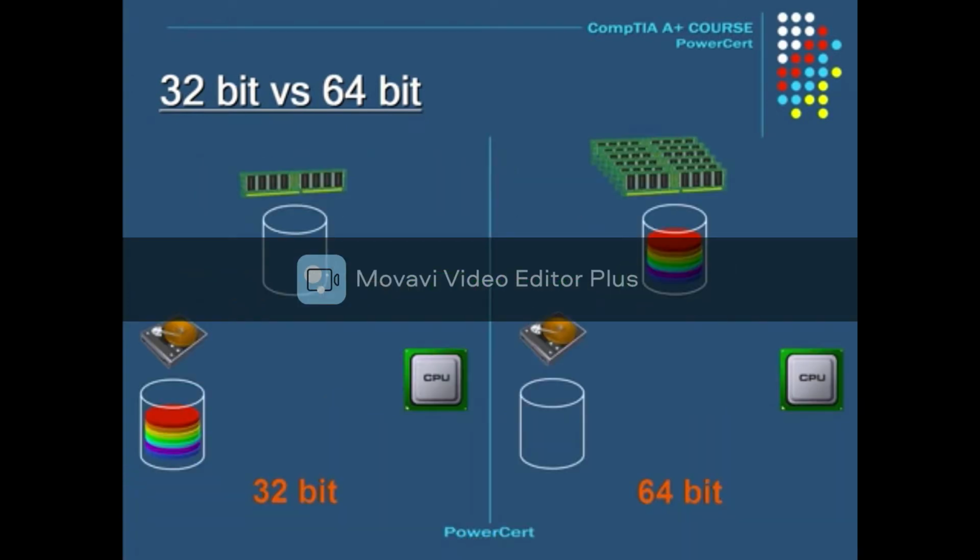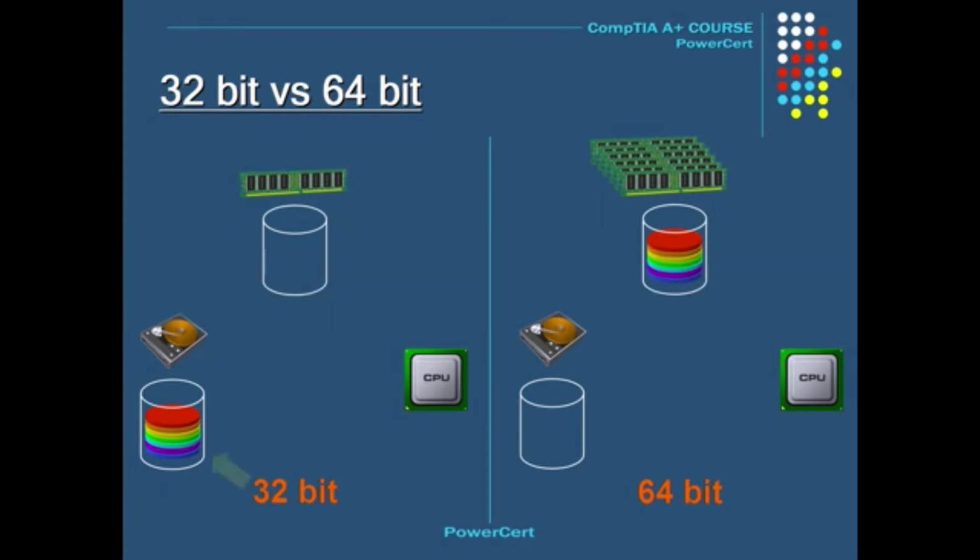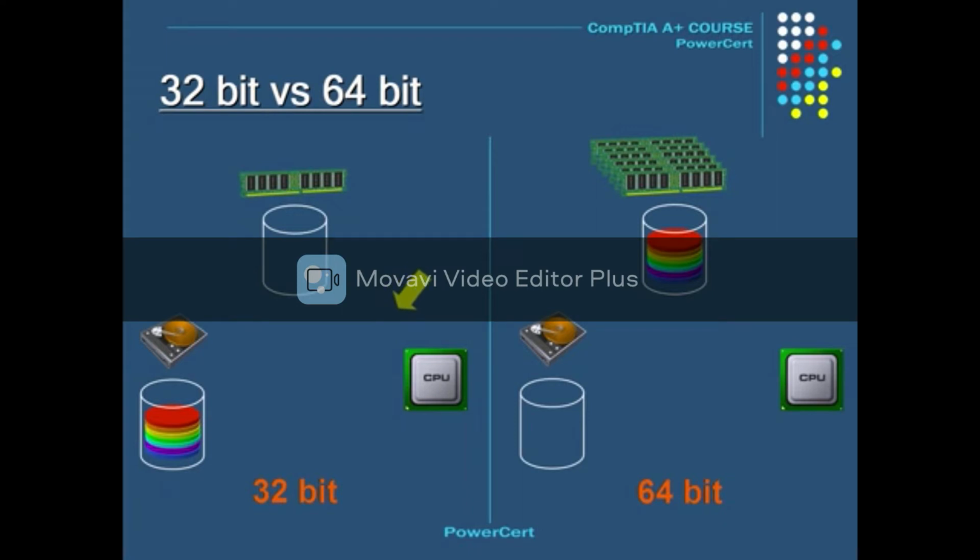So going back to what we stated before, in order for data or a program to run, it needs to be loaded into RAM first. So the data is stored on the hard drive, then from the hard drive it is loaded into RAM. And once it's loaded into RAM, the CPU can now access the data or run the program.